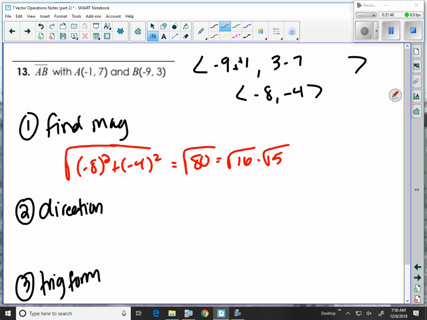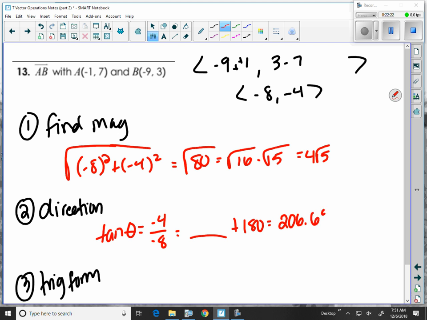So it'd be radical 16 times radical 5, and radical 16 will become 4. We're negative, negative, so we're in quadrant 3, so whatever we get, we need to add 180. We'll just call it 206 points. Oh, sorry, I got 26 points.